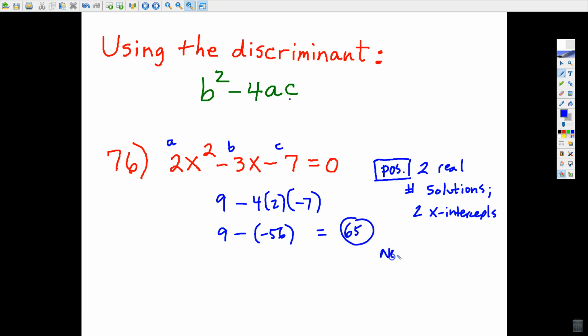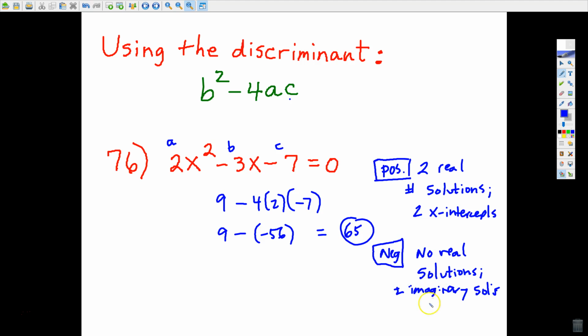So what do we do for the negative? If you end up with a negative discriminant, then you're going to have no real number solutions. You're going to have two imaginary solutions. Or we might sometimes use the word complex number solutions.